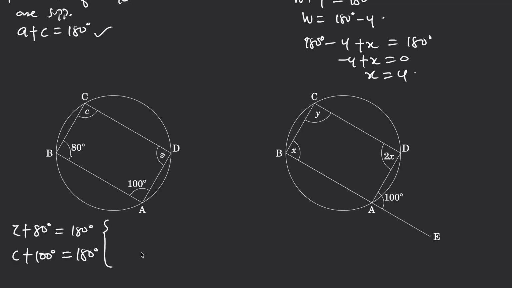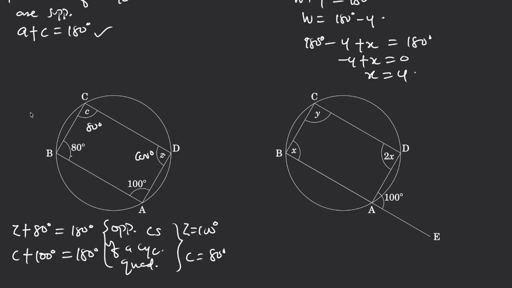The reason for both is because they are the opposite angles of a cyclic quadrilateral. Now that being said, we can say that Z is equal to 100 degrees and C is equal to 80 degrees. By the time you sum up the four angles you have, your result should be 360 degrees.